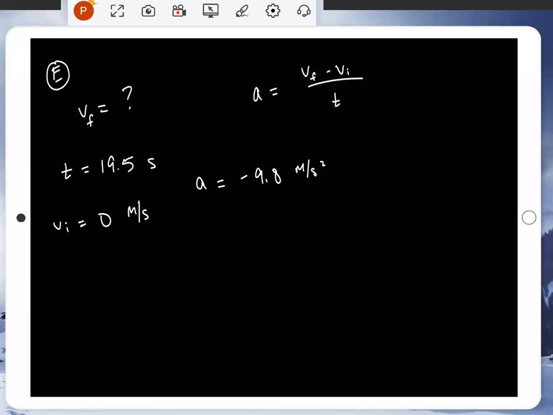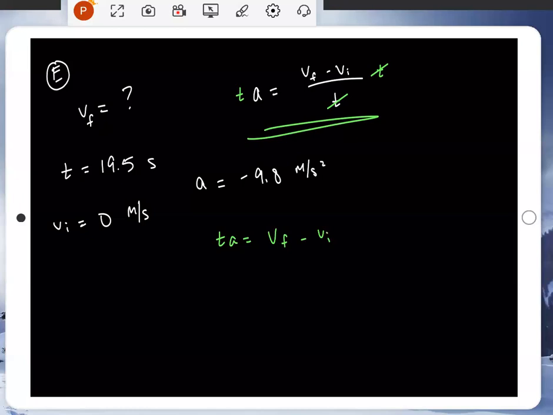So what's the next step? Okay, and so then you have to isolate VF. Yep. So how do we do that? First you multiply by t, and then you get t times a equals VF minus VI.